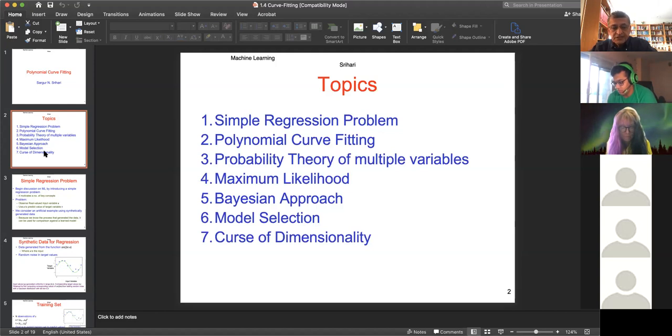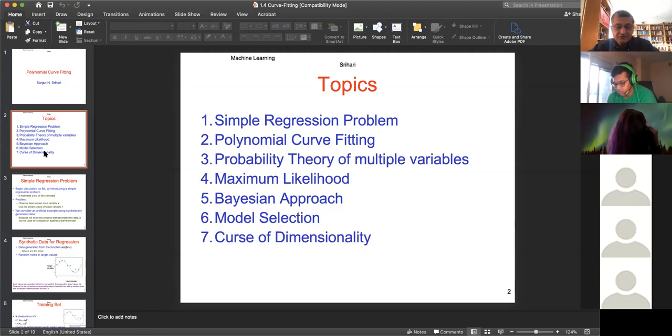Then we introduce a little bit of probability theory of multiple variables, where we talk about noisy samples and so on as well. Then we'll talk about the maximum likelihood solution and the Bayesian approach. So this is covering quite a range of things, just in this lecture.